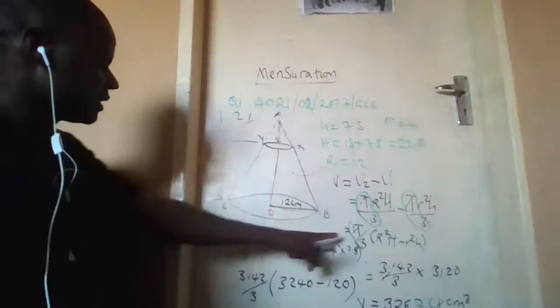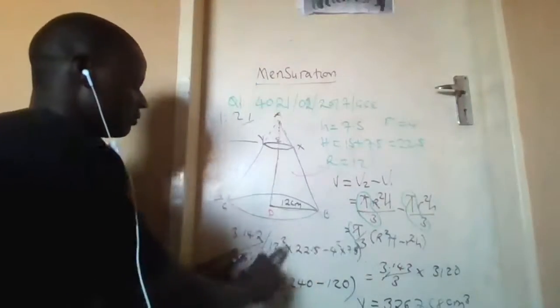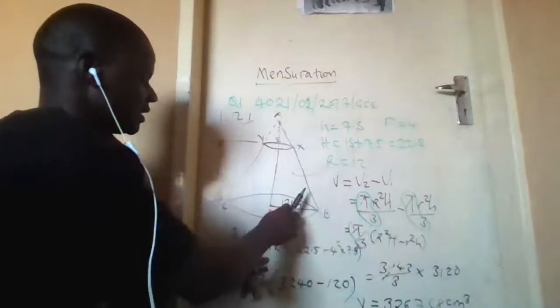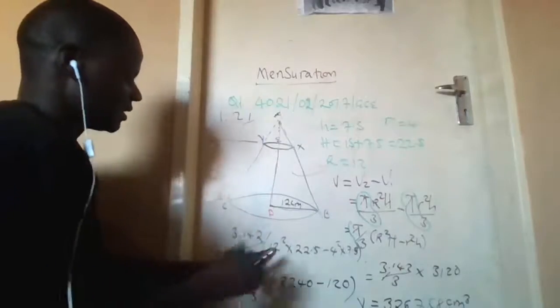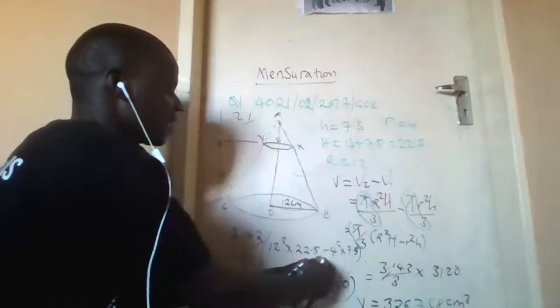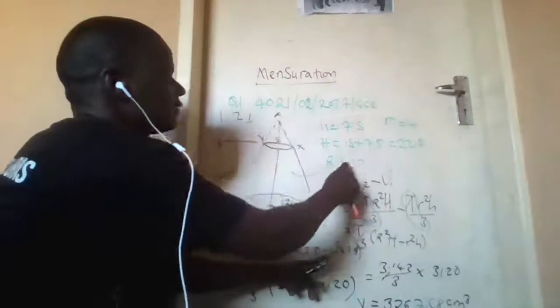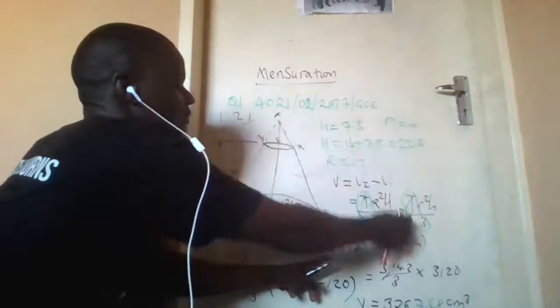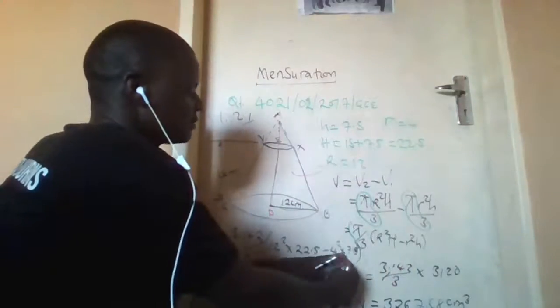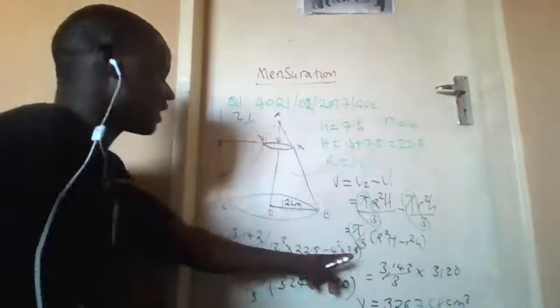So I substituted pi, 3.142 over 3, open bracket, the big radius is 12, so 12 squared times the height 22.5, minus the small radius 4 squared times the small height, which is 7.5.